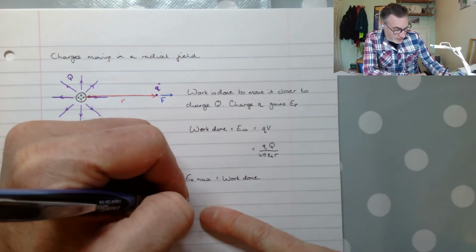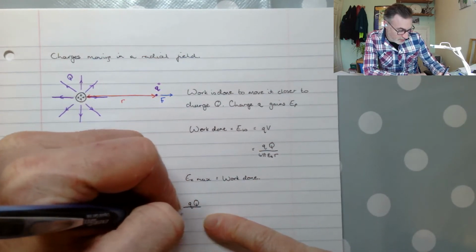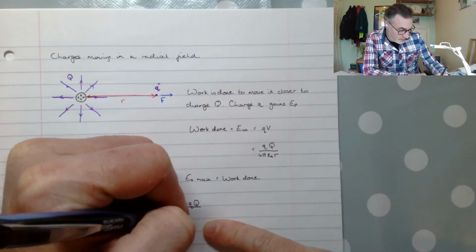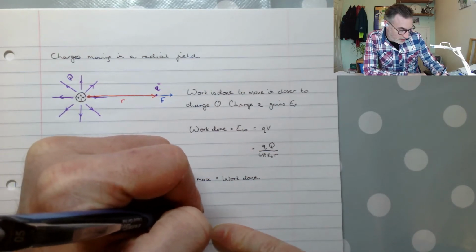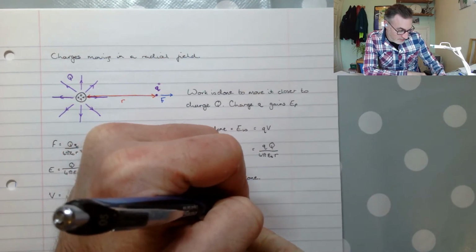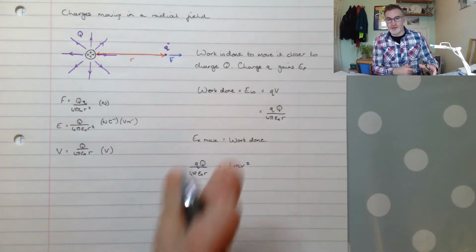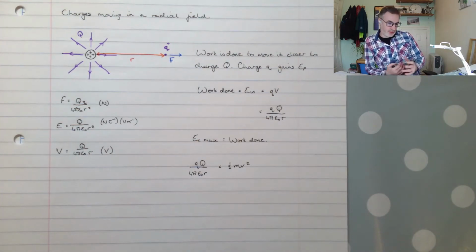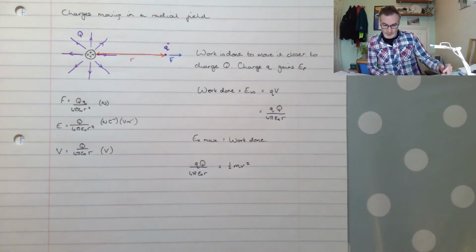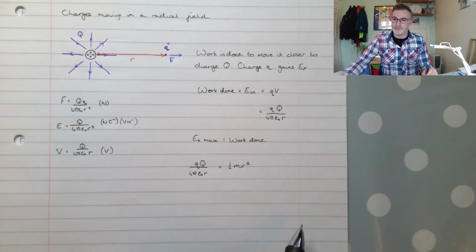And so we would then have little q big Q over 4 pi epsilon naught r is equal to half mv squared. Now from this point on you can rearrange and you can find out whatever it is you need. We'll go through a couple of examples to show how we would use this in an actual question.